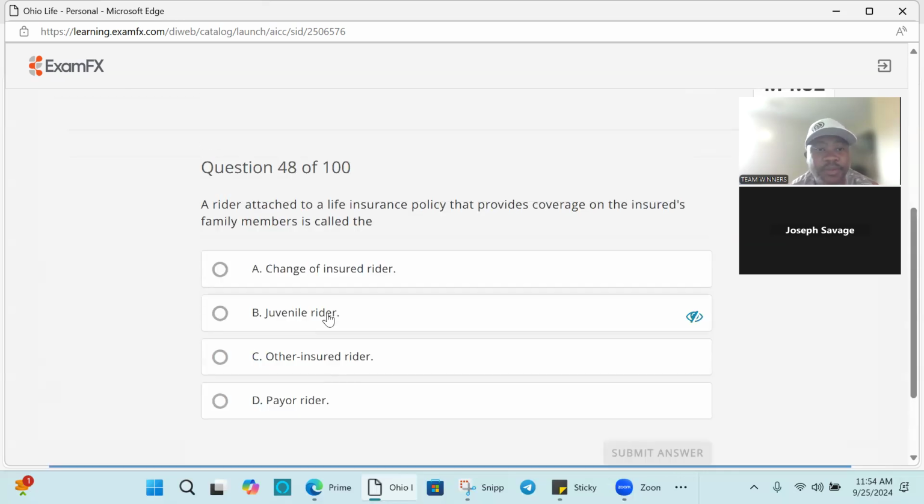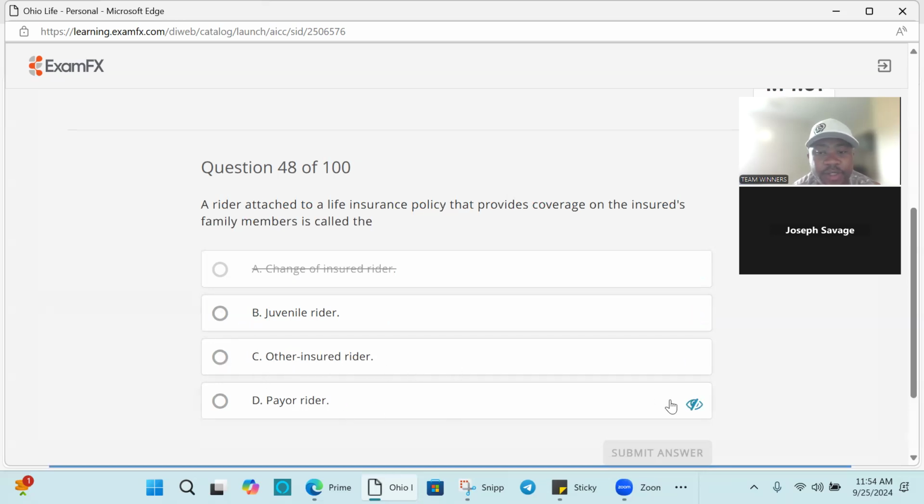A rider attached to a life insurance policy that provides coverage on the insured's family members is called a change of insured rider? This is for a minor. The insured's rider, probably that one.